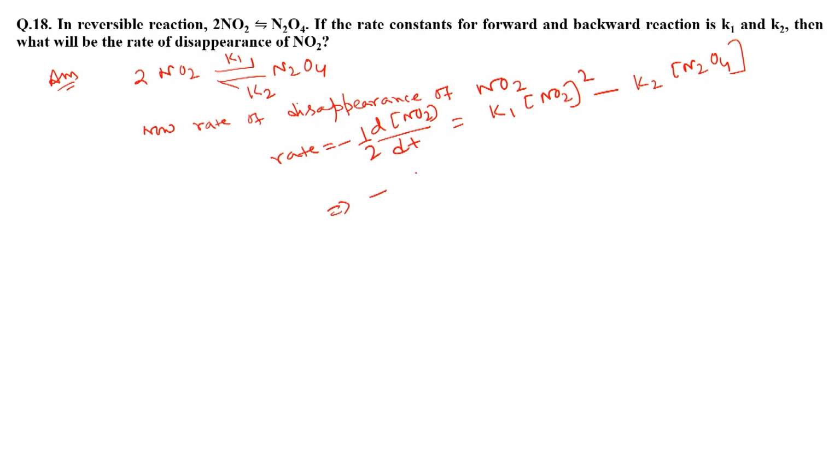So we write minus d concentration of NO2 by dt is twice K1 concentration of NO2 square minus 2 K2 concentration of N2O4. Again, this is a very simple problem.